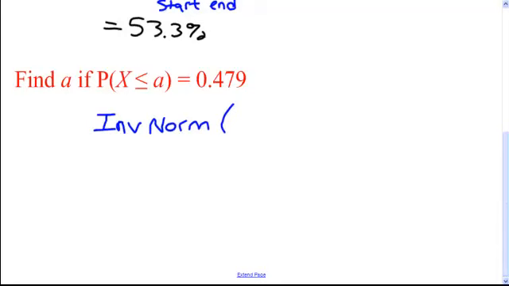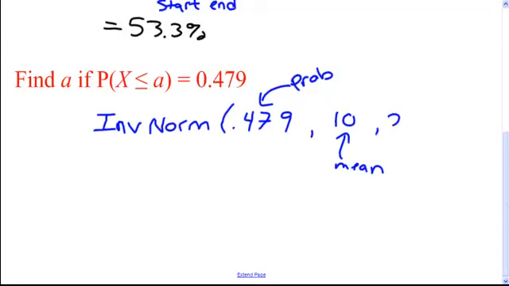And what I'm going to do in my calculator here is I'm going to be putting in first my probability, 0.479. That has to be the decimal. So this is the probability, comma, the mean, comma, the standard deviation. So this will give me where that A value is going to be.